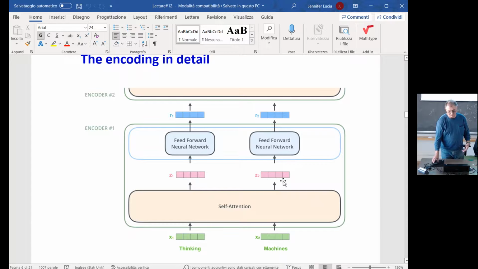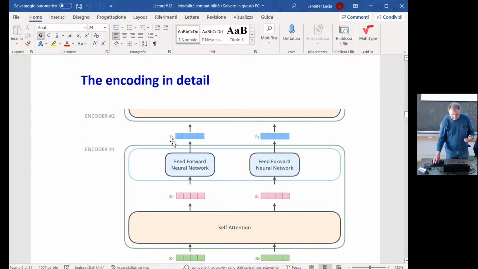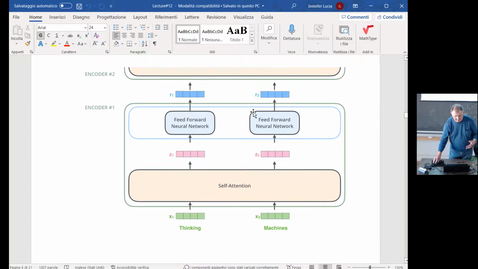Then they pass through a feed-forward neural net to elaborate new numerical vectors R1 and R2, and then go to encoder 2, and so on.